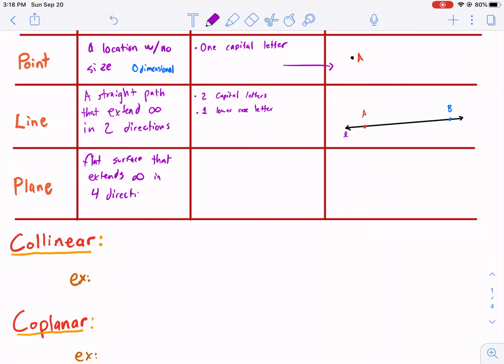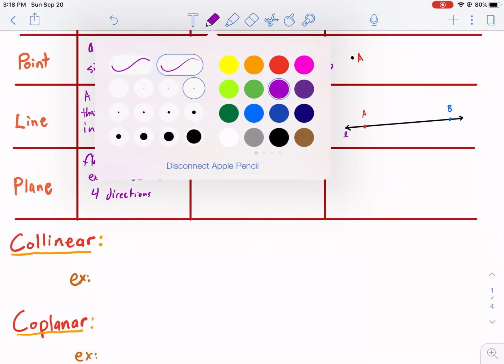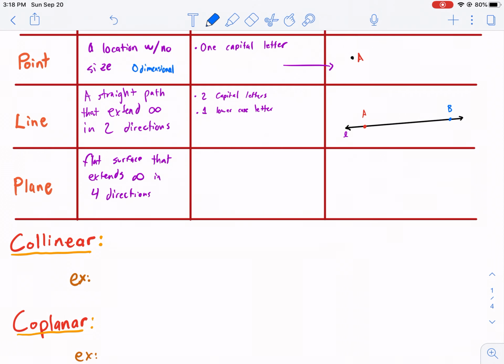Okay, and I forgot to go back to this, but a line, how many directions does it go in? Well, it goes in 2 directions, but if we're talking about dimensions, it's all one-dimensional. It can either go left or right, so it's one-dimensional. Now if we're talking about a plane, we're talking about the next level up, so we're talking about 2-dimensional.